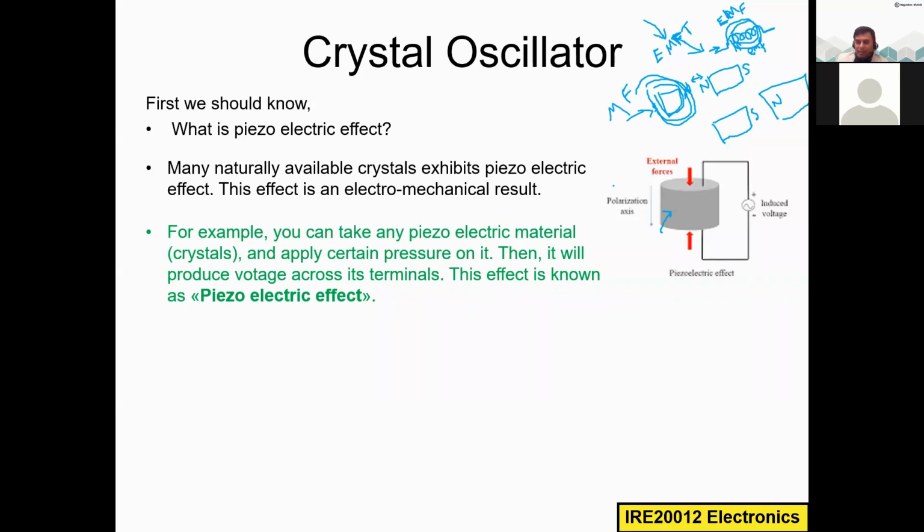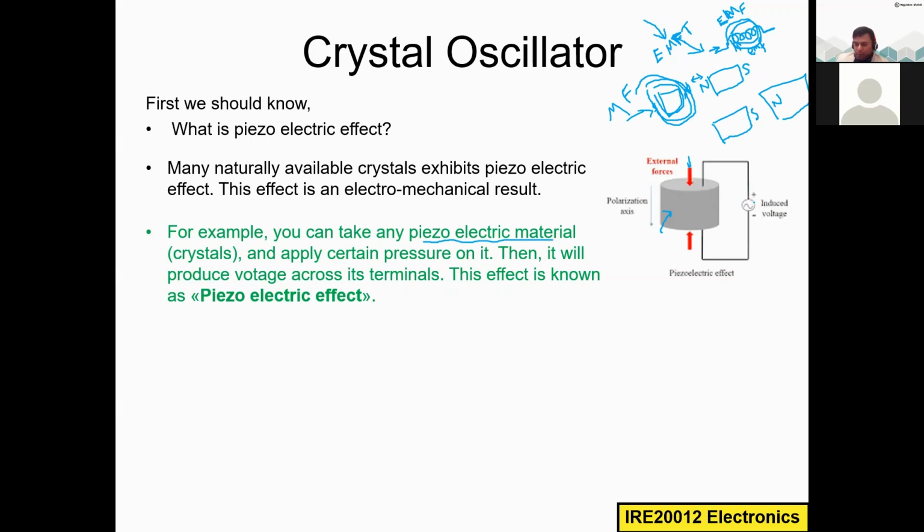So similarly, this quartz material also has a certain property. When you apply some kind of pressure, it produces some kind of voltage across its terminals. So this is called the piezoelectric effect. You can see here, you take any piezoelectric material and apply certain pressure on it, you can see this red arrow mark, and then it will produce voltage across its terminals.